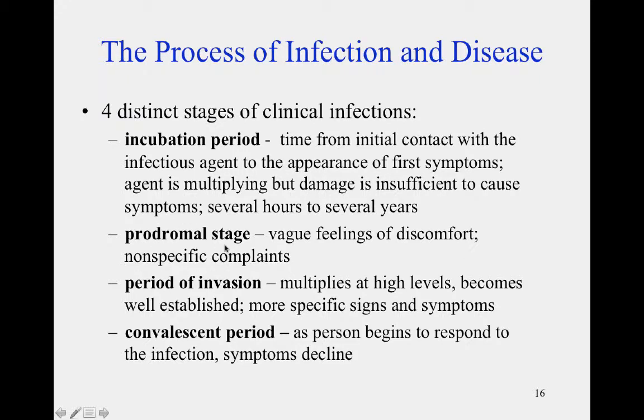And I think we've all had a cold or gotten sick at one point or another, and right before we've come down with that infection, we kind of have this sixth sense feeling that something is wrong. So this is what we call the prodromal stage, where it's a vague feeling of discomfort, no specific complaints. And then again, this progresses into the point where you're actually seeing signs and symptoms of disease, and hopefully followed by the recovery or convalescent period.